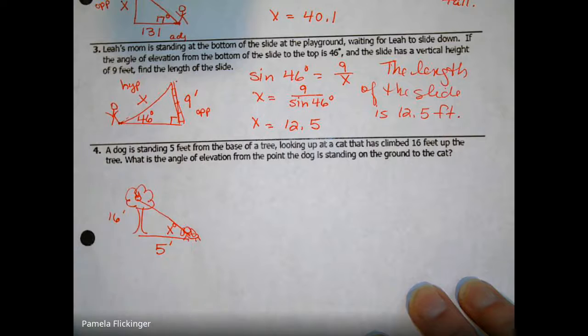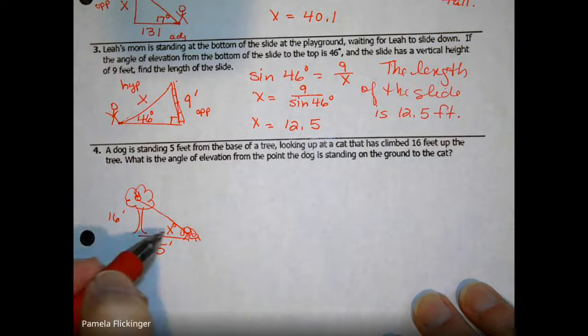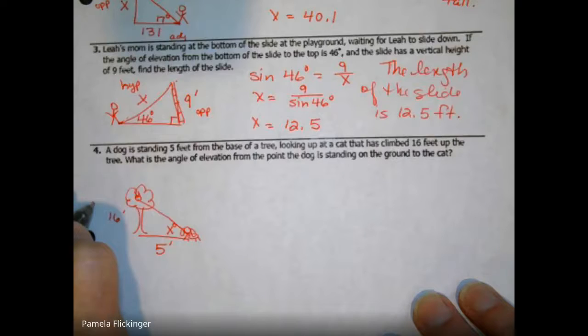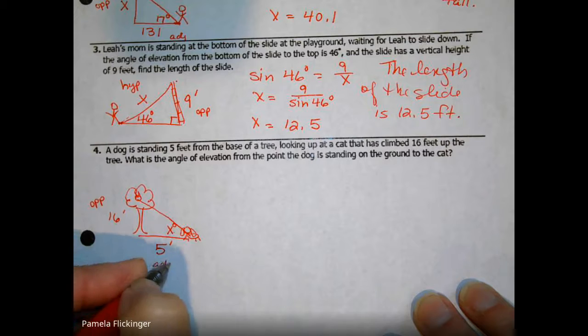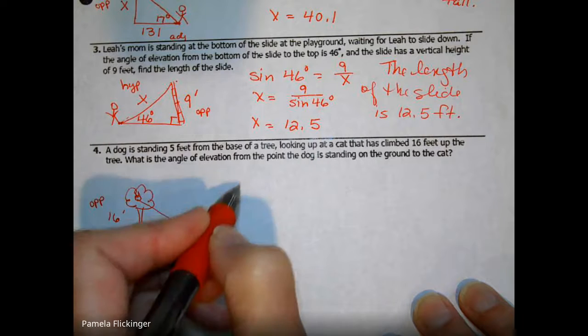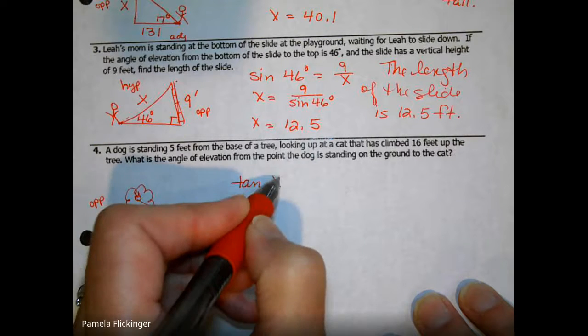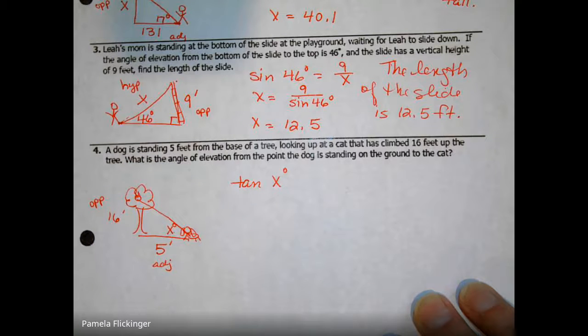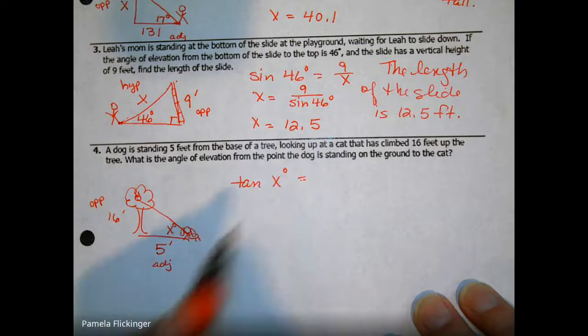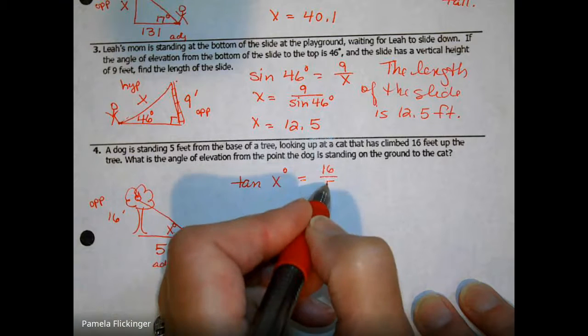So x this time is the angle measure, but we label and figure out which trig function to use the same way. Across from that angle, the 16 is opposite, 5 is adjacent. So we've got, once again, the tangent, but this time the x goes where the degree measure usually goes. So the tangent of x degrees equals opposite over adjacent.